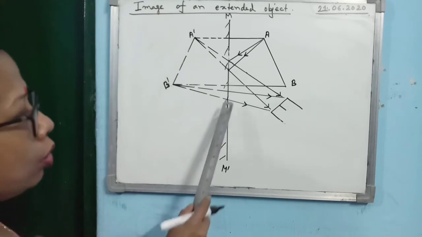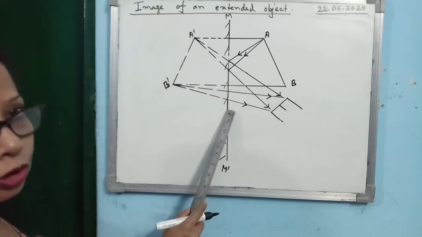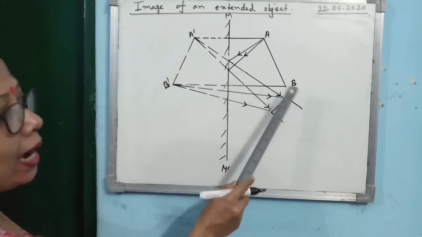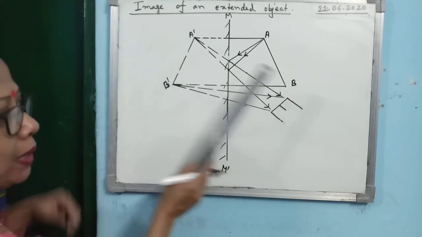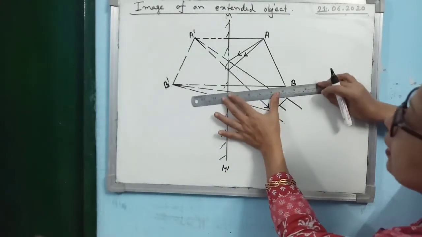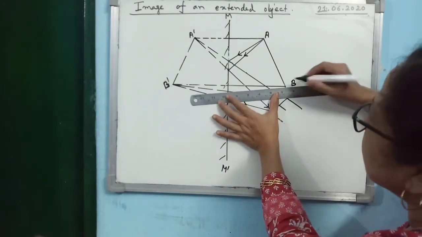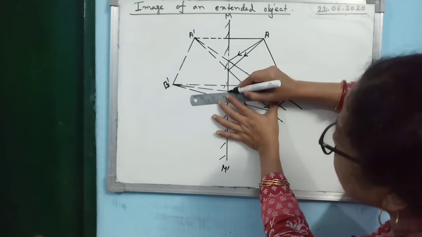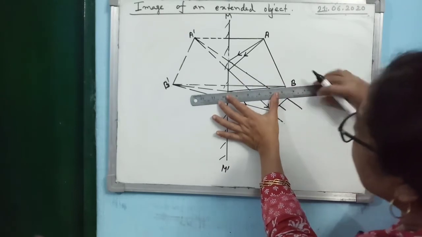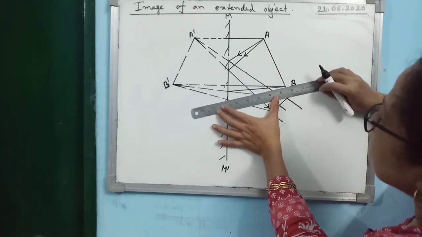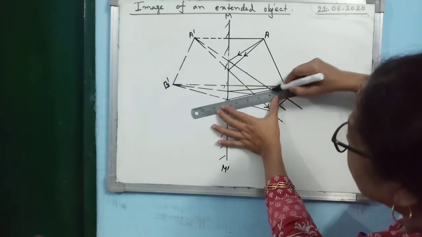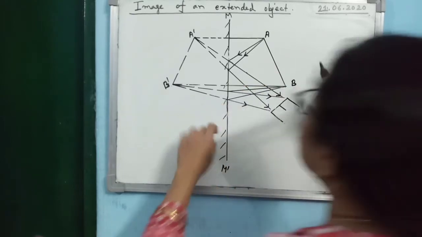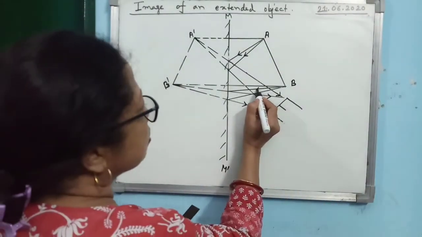So these 2 rays drawn are meeting, intersecting the mirror at these 2 points. So with which point do you have to join? With B. Why with B? Because B dash is the image of B. So first you join this intersecting point with B, and then the lower intersecting point with B, and then you give the arrows.